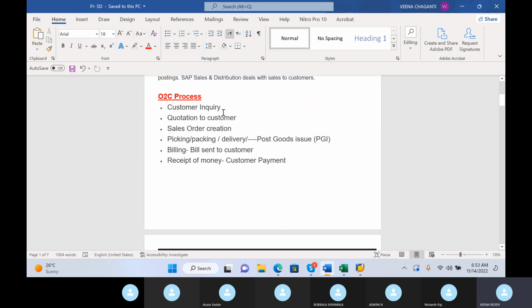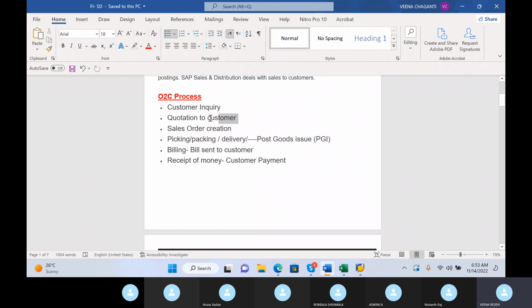When he reaches us and inquires about the product, we give the details, and according to that we give a quotation to the customer. In the quotation, we give the product details and the availability, when it will be available in our store or department. This information is sent to the customer in the quotation.